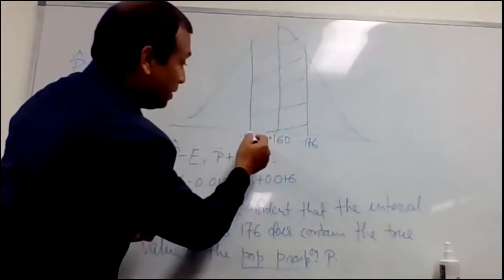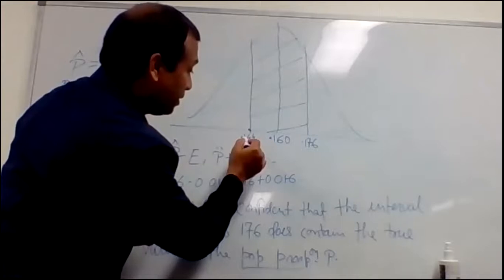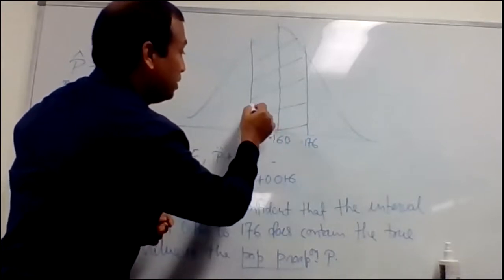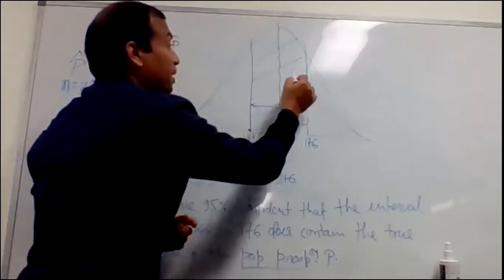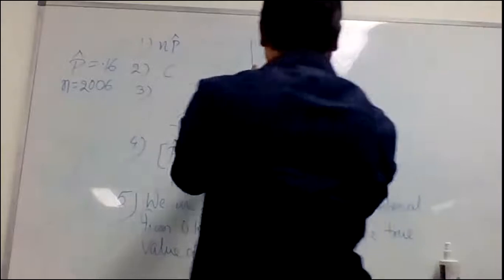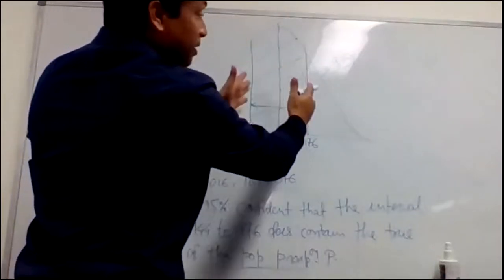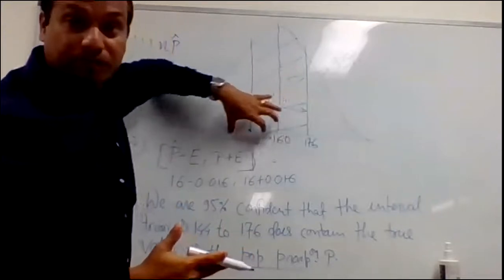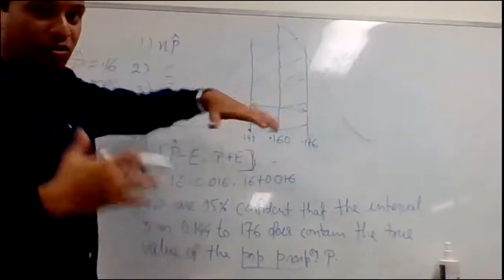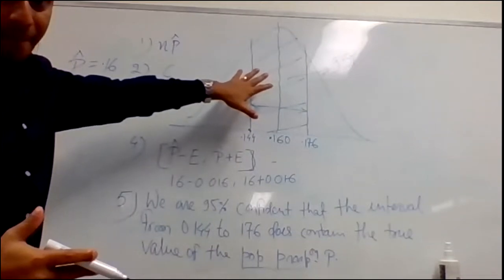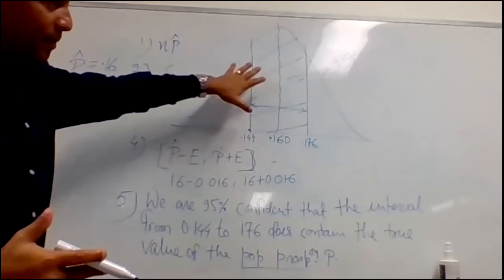You see here, in the range of 0.146 to 0.176, 95% confident means 95% of the data will fall in this range. Are you able to visualize that one? Yes.